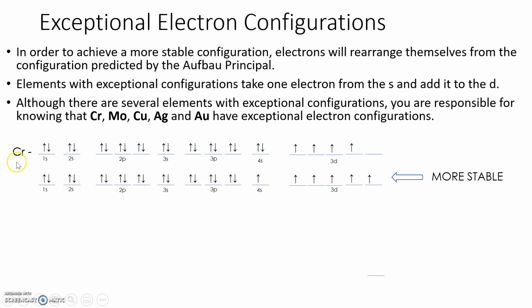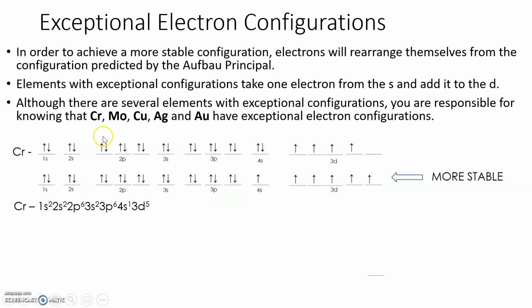So if ever you see chromium, the correct electron configuration is the one on the bottom here. It looks weird, 4s1. We're used to seeing s2 at this point, but the correct way to state it is 4s1, 3d5.